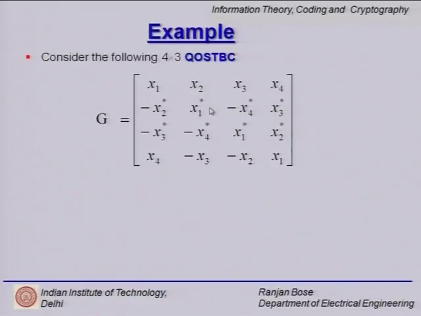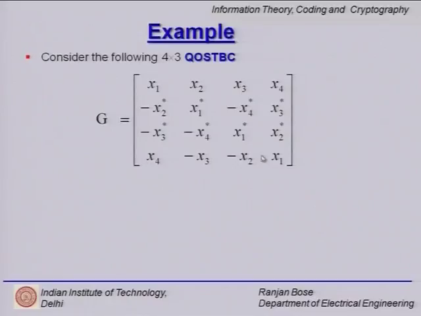If you make this observation, this is only a function of X1 and X2. This quadrant is GA star, which is the complex conjugate. This is GA of X3, X4, where A stands for Alamouti, and this is minus GA of X3, X4.